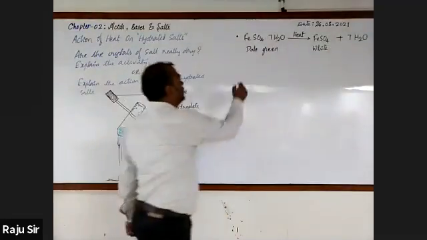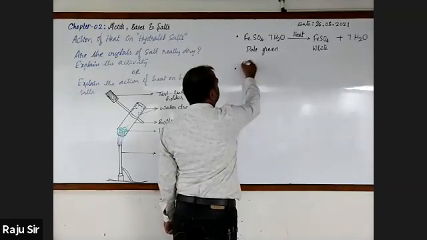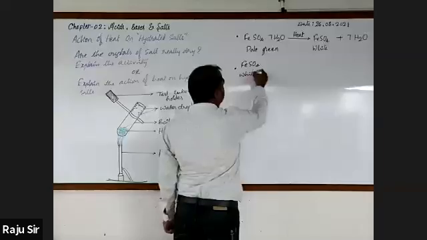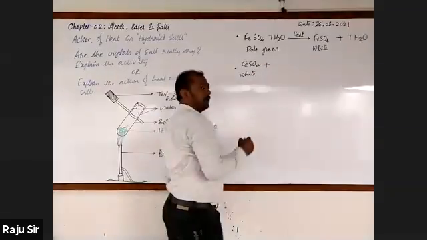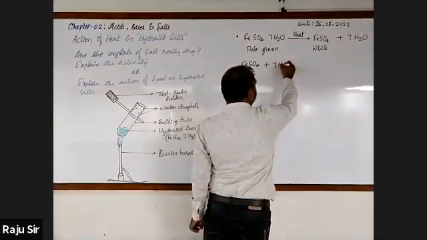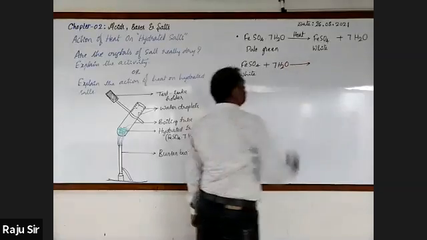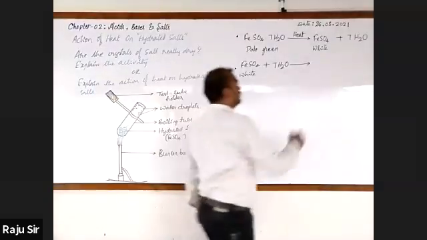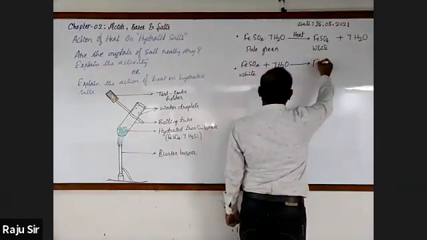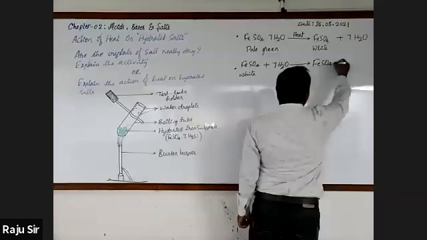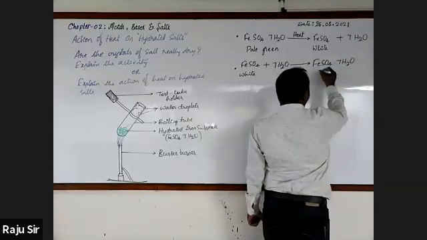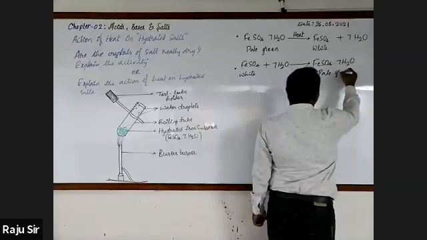Then we will add water to it. Every formula unit of iron sulfate will absorb 7 molecules of water and produce again pale green FeSO4.7H2O, nothing but hydrated iron sulfate. It is pale green.